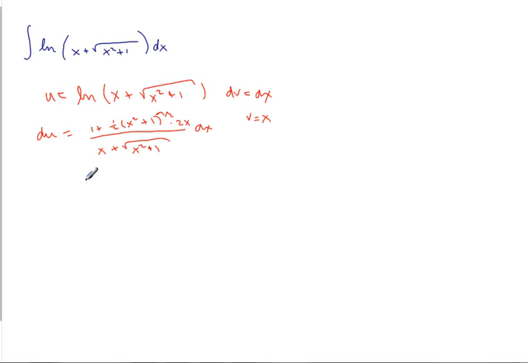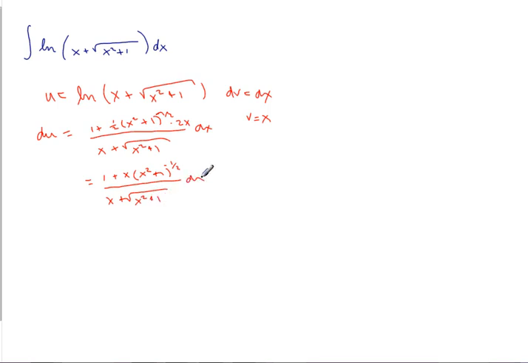So that is 1 plus x over x squared plus 1 to the negative 1 half over x plus square root x squared plus 1 dx.